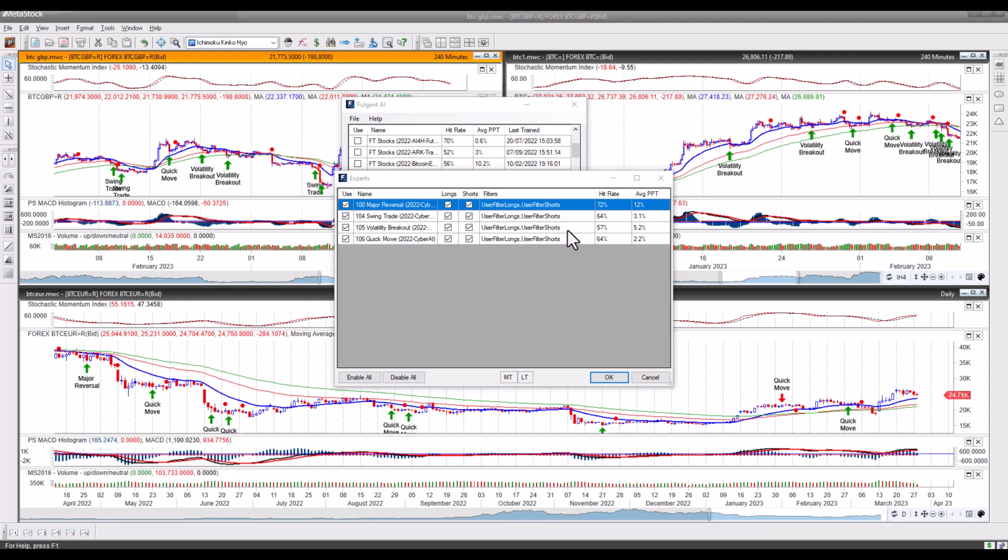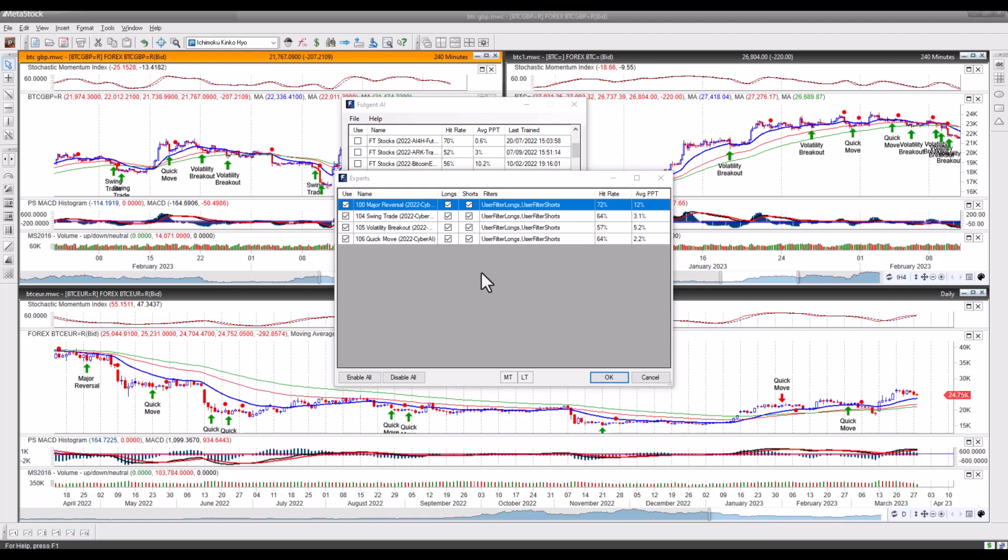Volatility breakout in this instance is about 57% accurate, with an average profit per trade of 5.2%. And the quick move strategy is about 64% accurate, with an average profit of 2.2% over the testing period. Once again, that's the average for thousands of trades, so it is quite a large number.